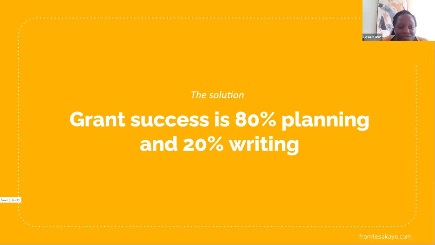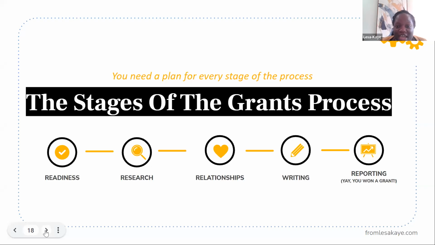I didn't have a plan for how I was going to put together an application. I was just like, okay, I found this grant and I'm just going to power through and write it. I did not have a plan for any stage of the grants process. And I learned through trial and error that you need a plan for every single part of the grants process.